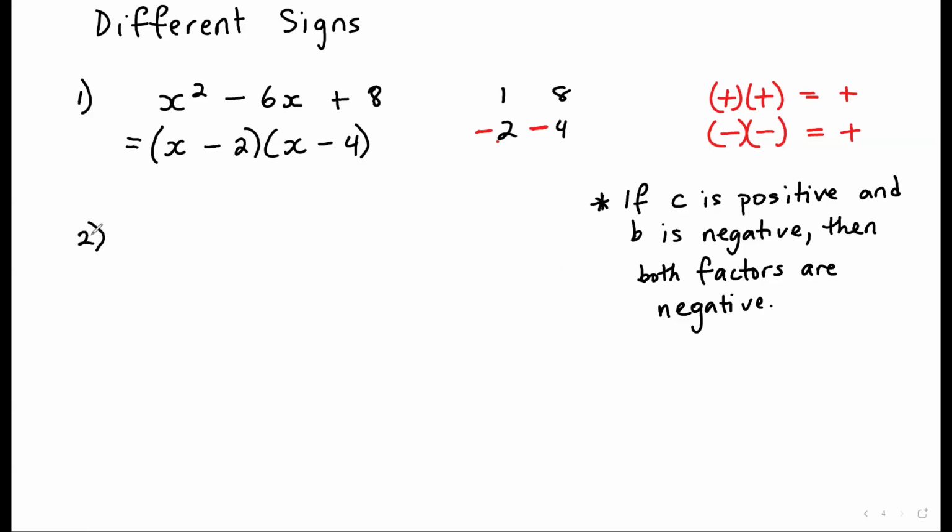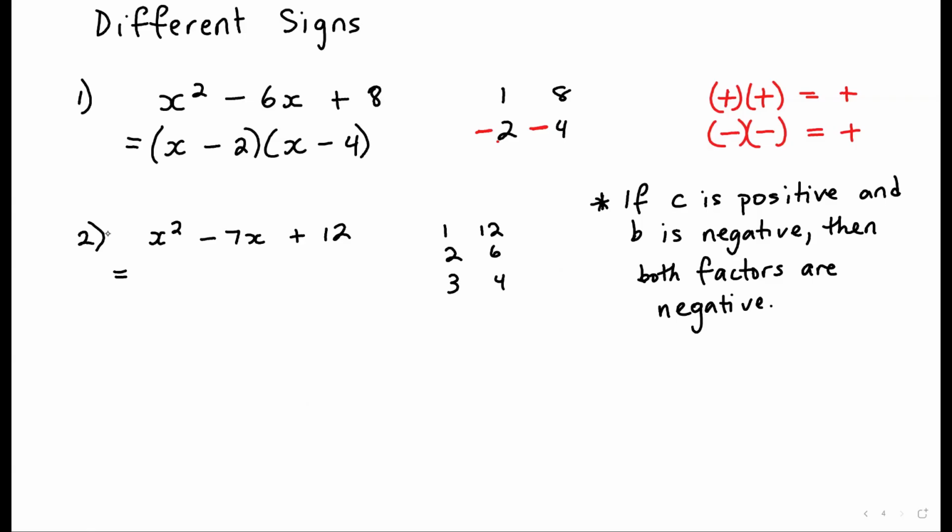Let's say I had x squared minus 7x plus 12, right? Let's factorize this one. So A is positive, so I know I don't need to do anything there. The factors of 12 are 1 and 12, 2 and 6, or 3 and 4. I already know that C here is positive while B is negative, so I will need to have two negative signs.